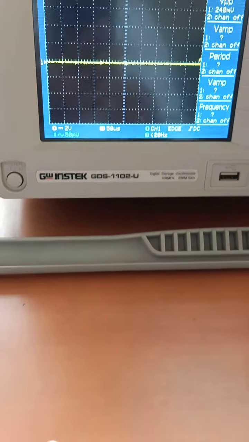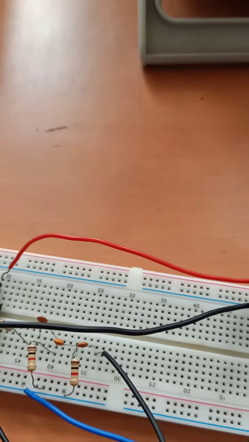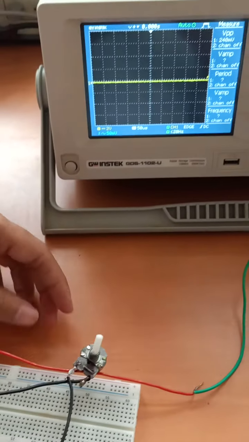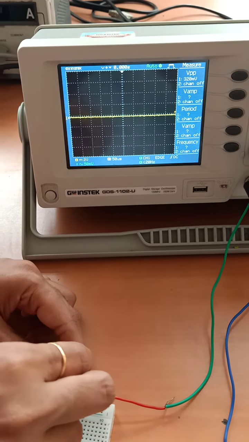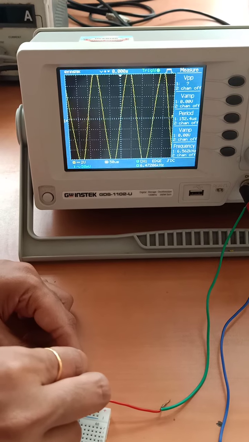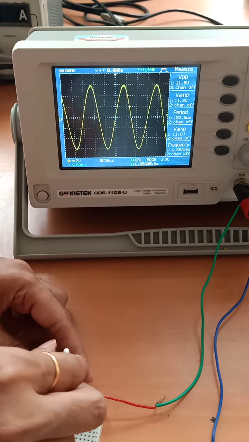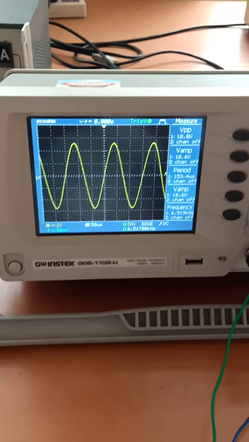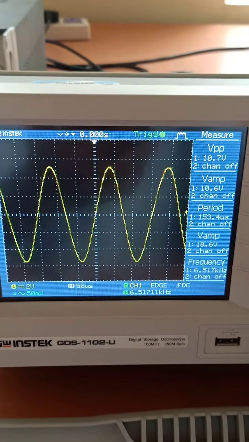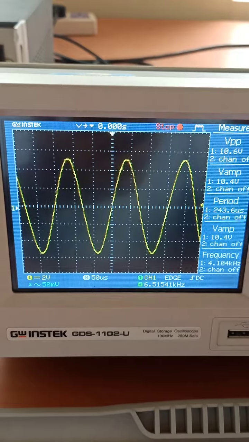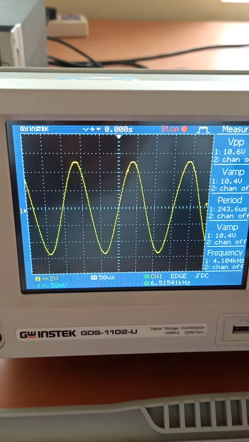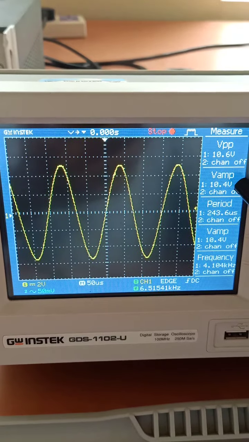Now I will vary the potentiometer, and you can see that I will get the waveforms on the CRO. You can see the amplitude of this is around 10.4 volt.